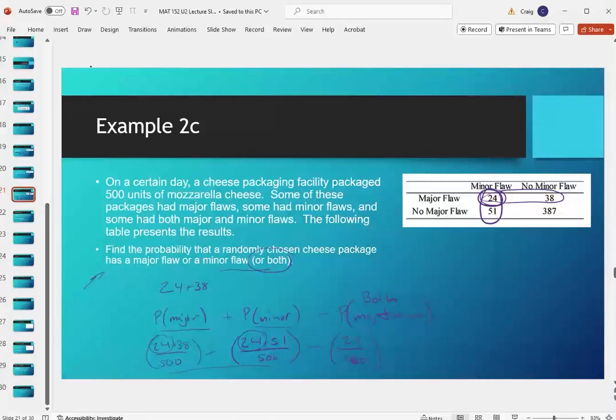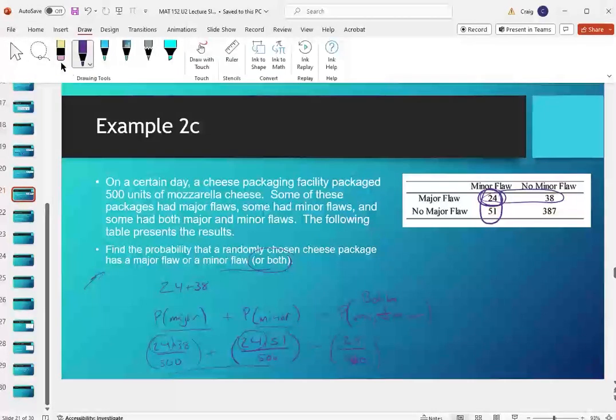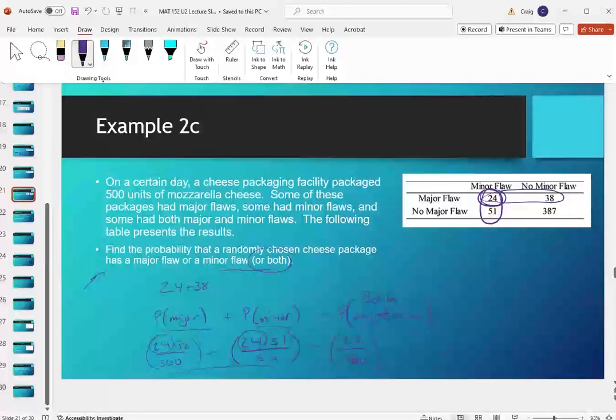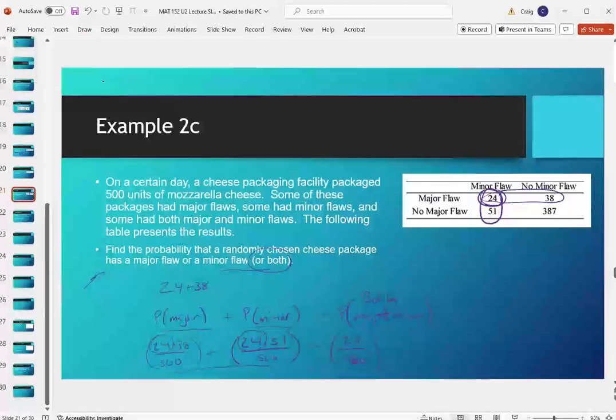That would get rid of one of these. I mean, well, my algebra's not great there. But if you write this out, and if you wrote each of these fractions out, 24, right? One of them is going to cancel out. And you're left with only counting it once. And if we add all three of those up, you would get 113, kind of out of space over here, out of 500.